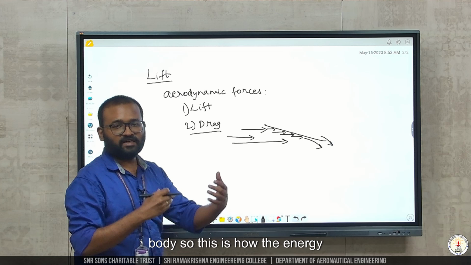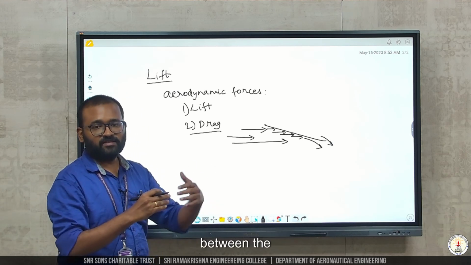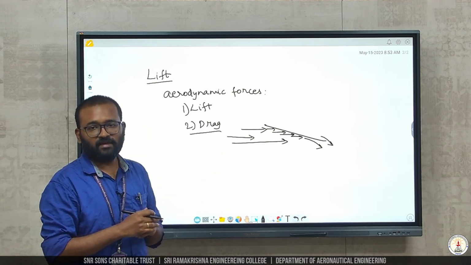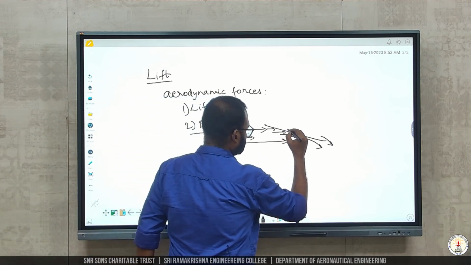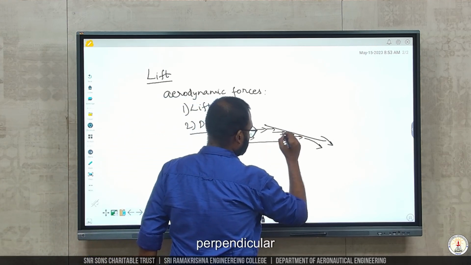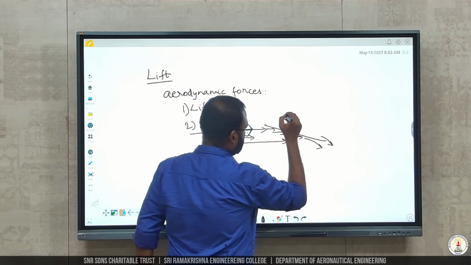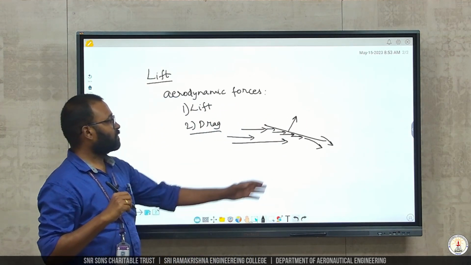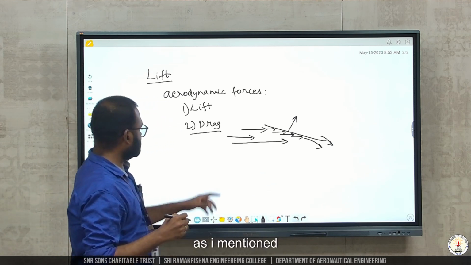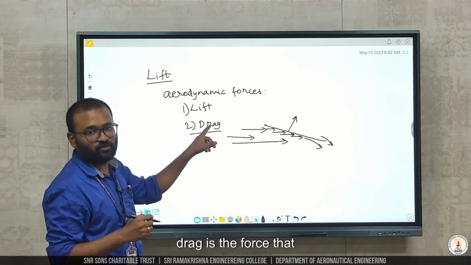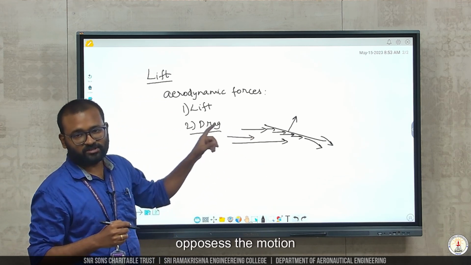This is how the energy moves between the object and the air. So this creates a force which is perpendicular to the surface.